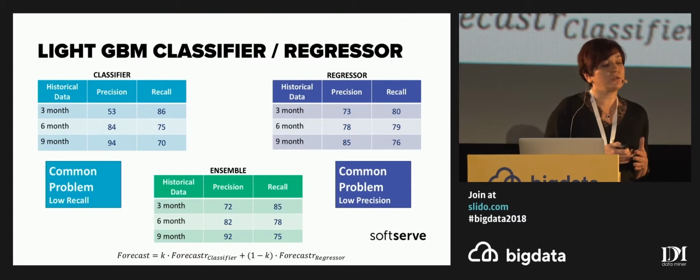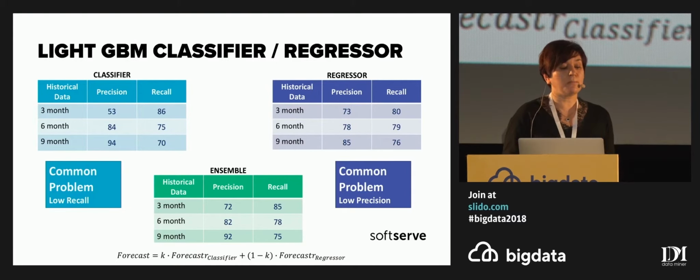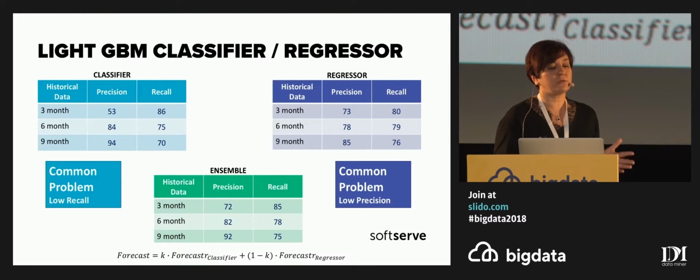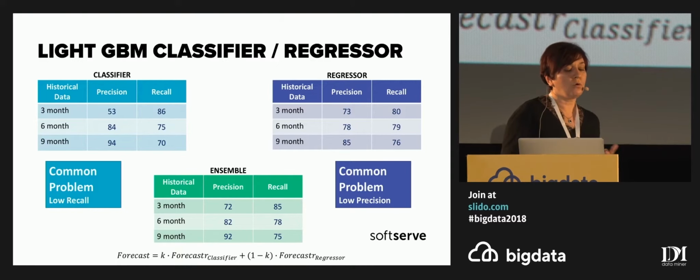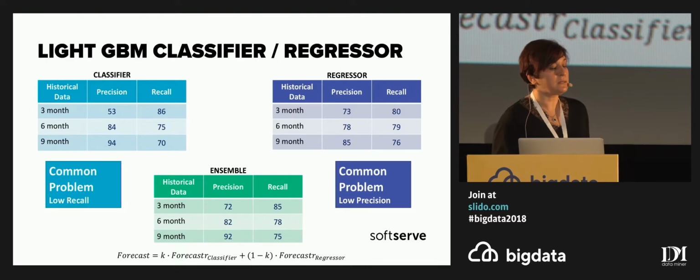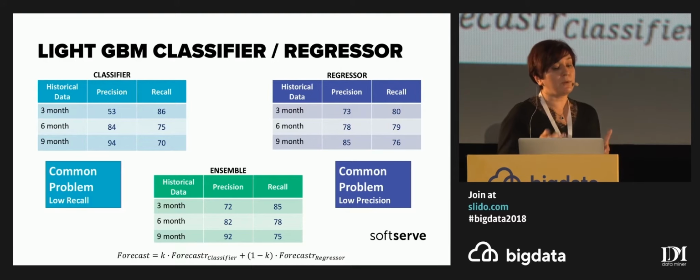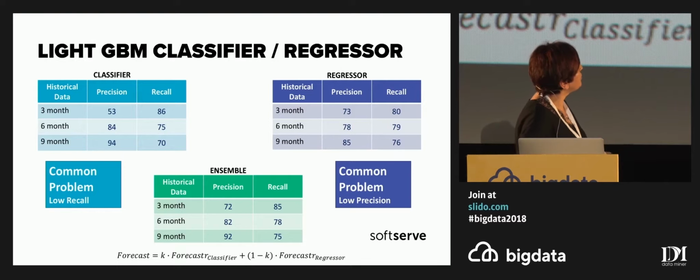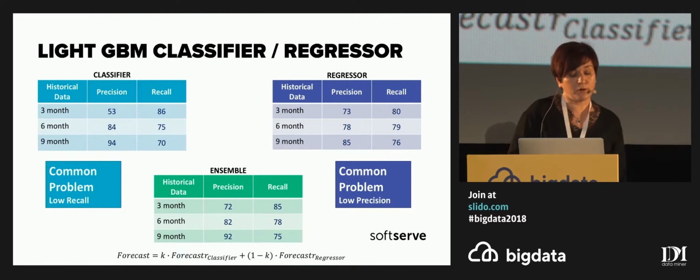So just now we consider some average characteristics from all models based on data sets with 3 months, 6 months, and 9 months of historical data.